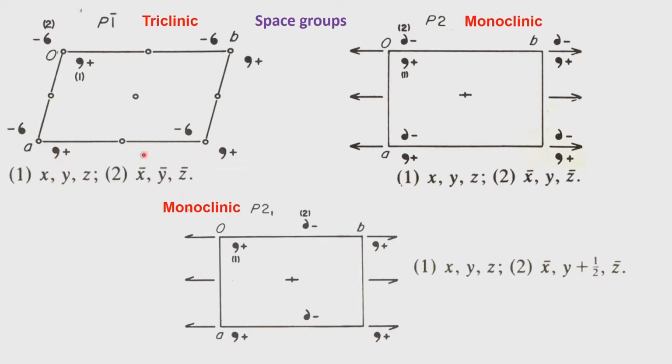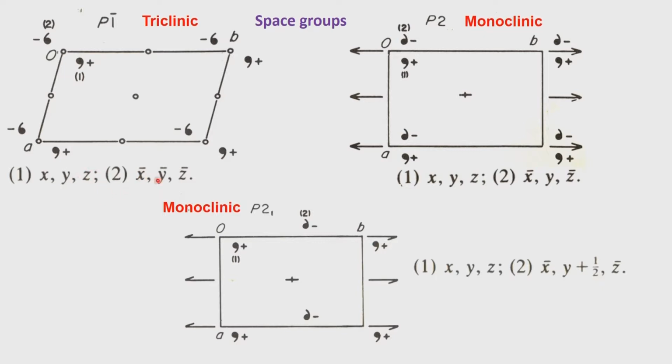If there are 2 general positions, in this particular case of P1 bar there is x y z and x bar y bar z bar, then there are 2 molecules or 2 objects in this unit cell. The object which is left alone and as one here is referred to as the object in the asymmetric unit. So, we say that the asymmetric unit has one object, but due to the symmetry operation we generate 2 objects which are symmetry related to each other.